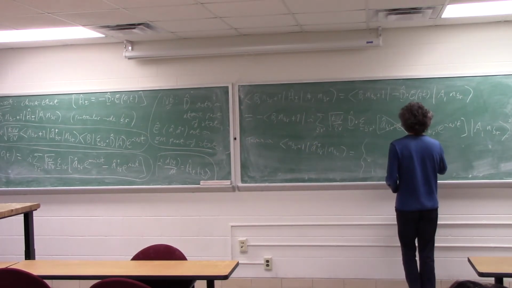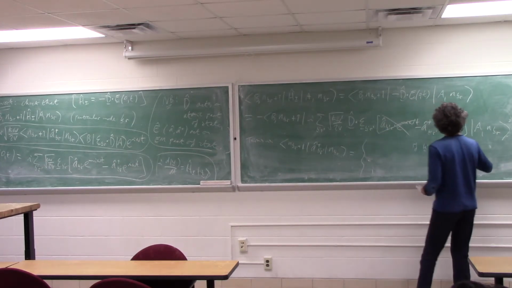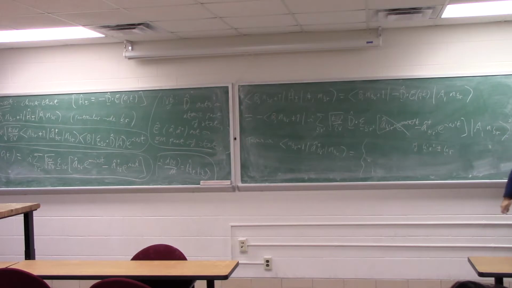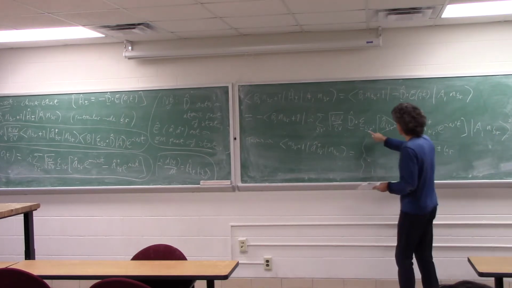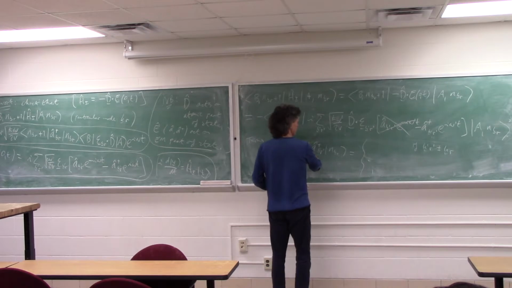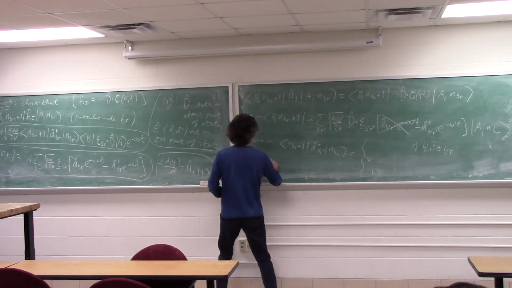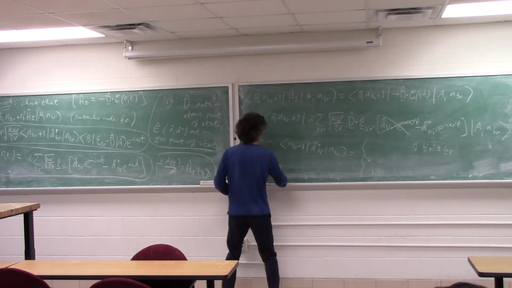If k' r' is unequal to kr, so once you get used to this you would just write this down, but the first time, let's go very slowly. If k' r' is unequal to kr, what's going to happen? You would be taking the inner product of this.